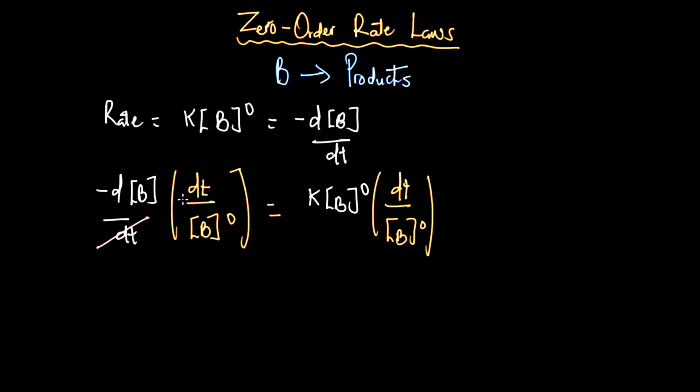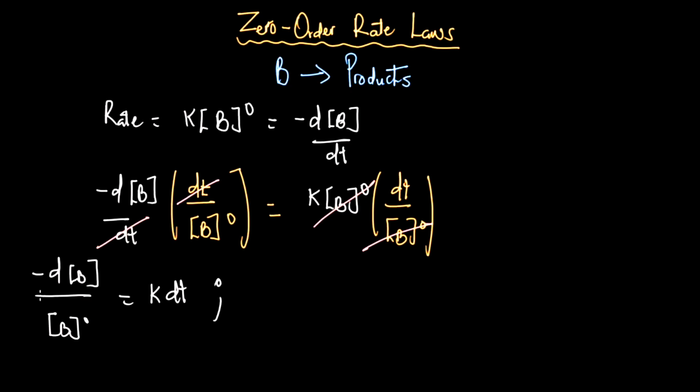So this cancels this, and this also cancels this. Anything raised to power 0 is also 1, but I just want to simplify it, that's why we have been writing that. So we have the change in concentration of B over B to the power 0 equals k dt. Let's put this negative here by multiplying through by negative 1, so we have dB over B to the power 0 equals minus k dt.